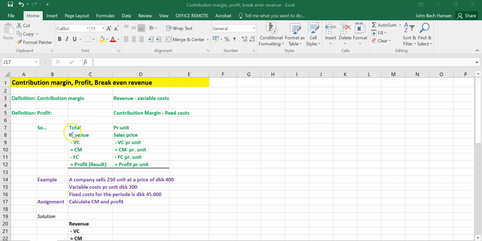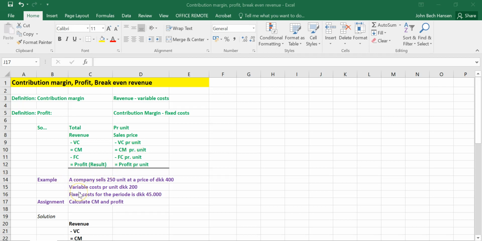So this is total, and per unit we use, of course, the same concept, but then revenue is converted into a sales price and the variable cost is per unit. We have the contribution margin per unit and so on.